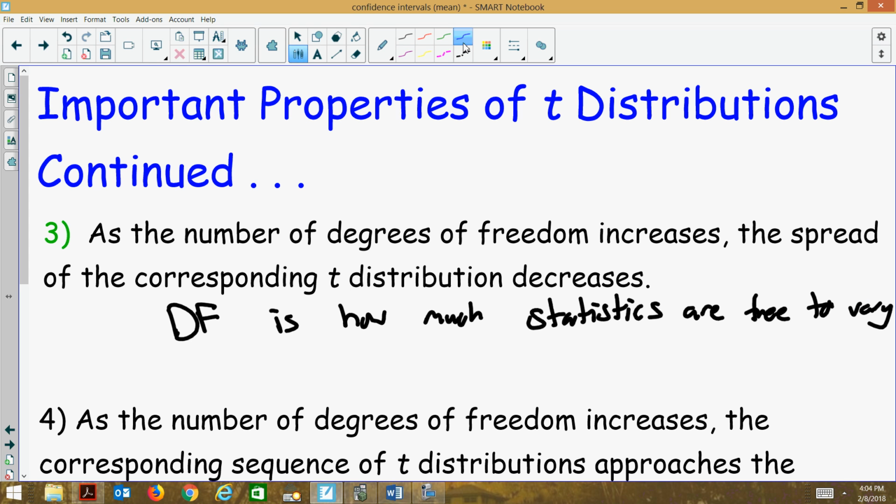That is why the sample size has the biggest impact on the degrees of freedom. The degrees of freedom is the sample size minus 1. So the higher the sample size, the less variability, the less freedom statistics have to vary, because we are getting closer and closer with a larger sample size. As the sample size increases, degrees of freedom increases, which means the freedom that statistics have tends to go down.